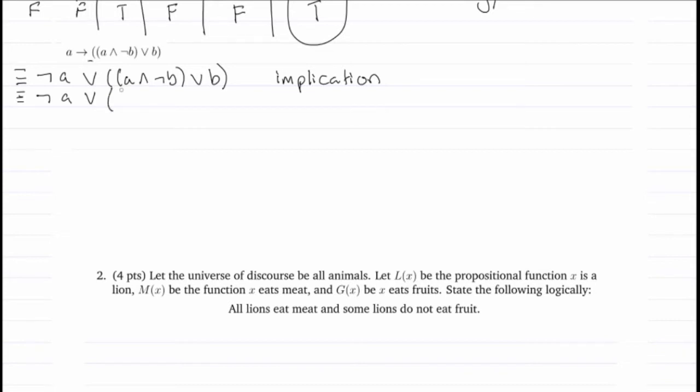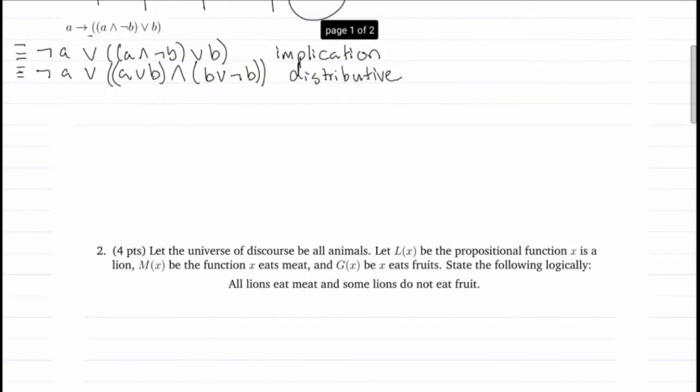So we have A or B, ANDed together with B or not B. To be or not to be, ha ha, no, okay. Distributive is what we used here.